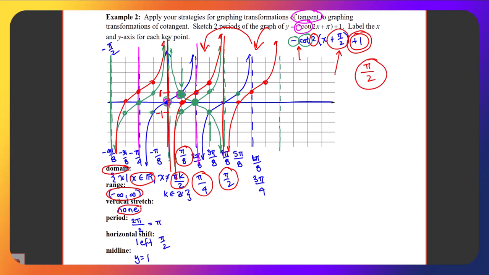Our period is, let's correct this, normally pi over b, so that's pi over 2. The shift to the left is pi over 2, and so if you shift a period, you really won't see a difference. And the midline here is at y equals 1, the middle of the graph, one above the x-axis.